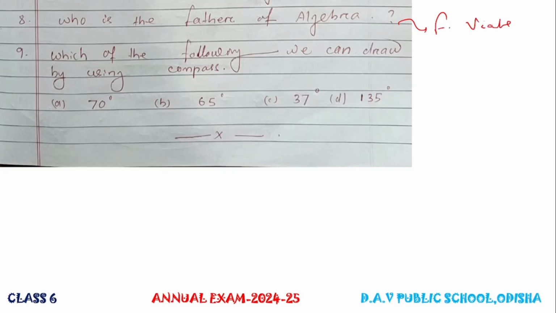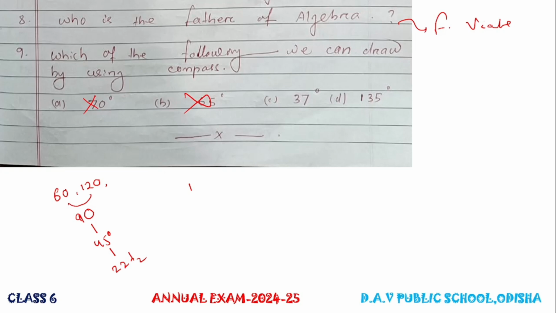Next, which of the following can we draw using a compass? First of all we can draw 60, then 120, and when you bisect 60 and 120, we find 90 degrees. We bisect 90, we get 45 degrees. We bisect 45, we get 22 and a half. 70 we cannot draw using a compass. 65, we cannot draw.